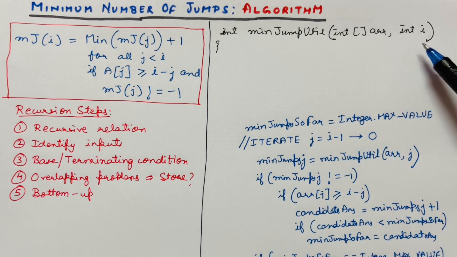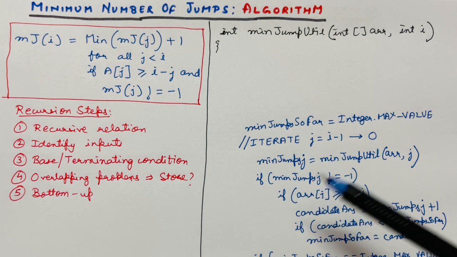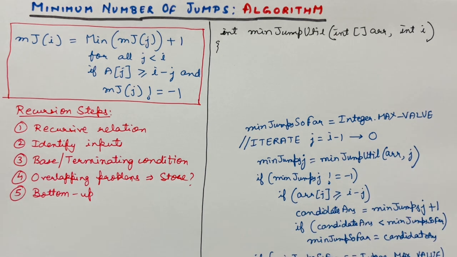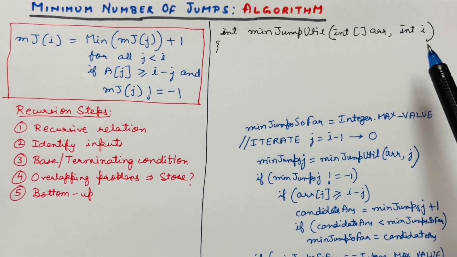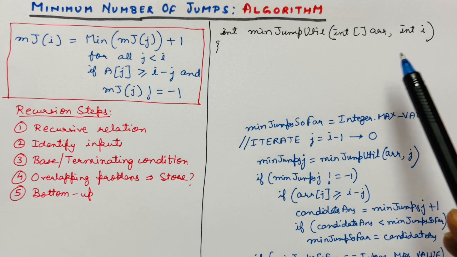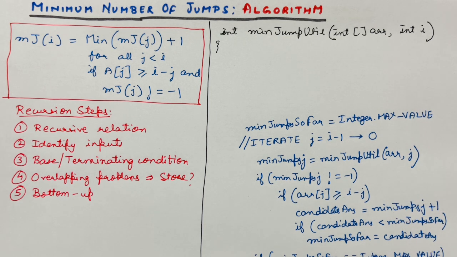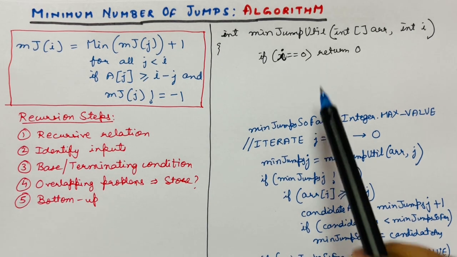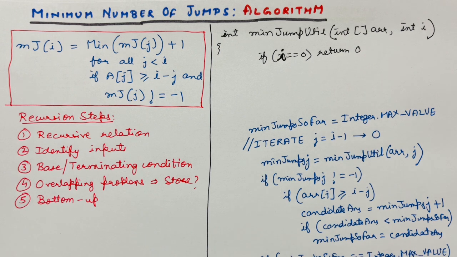Our input i becomes smallest when i is equal to 0. And what does i equal to 0 mean? It means we are looking for the minimum number of jumps needed to reach the 0th index when we start from the 0th index. Its answer will obviously be 0. So we add this base condition that if i is equal to 0, return 0.